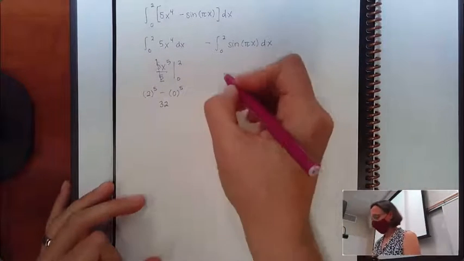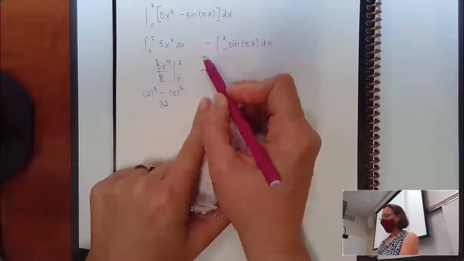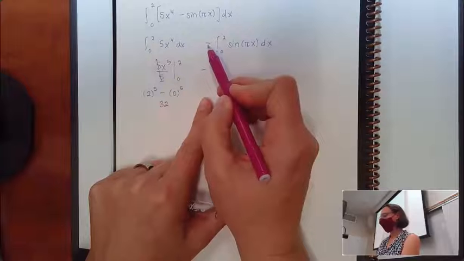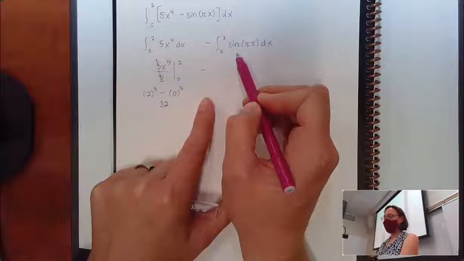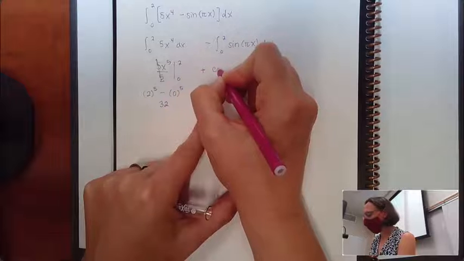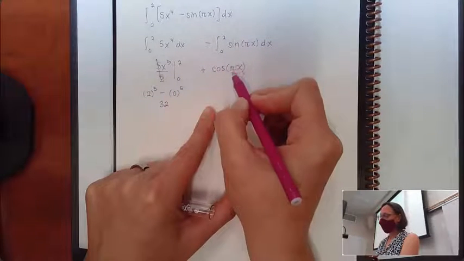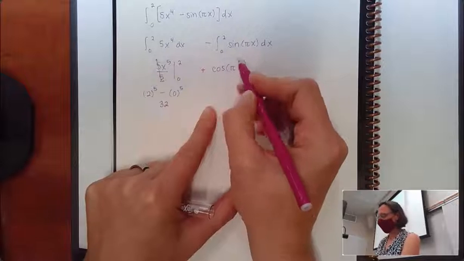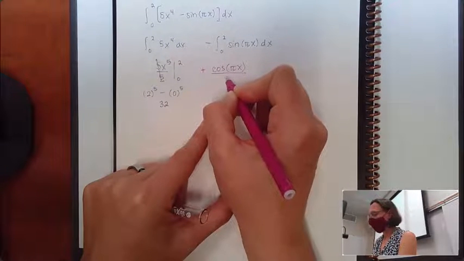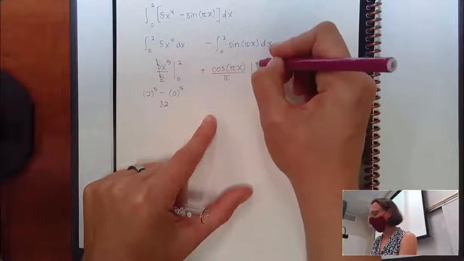If I take that approach here, then I'm thinking about whose derivative is negative sine. And the function whose derivative is negative sine is positive cosine. Calculus can never change what's inside of the trig function. So we're going to leave the pi x there, but we are going to divide by pi. And then we're going to go from 0 to 2.